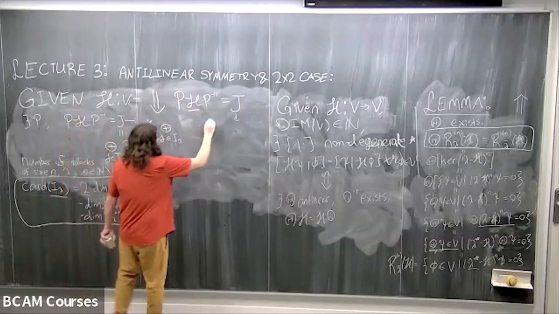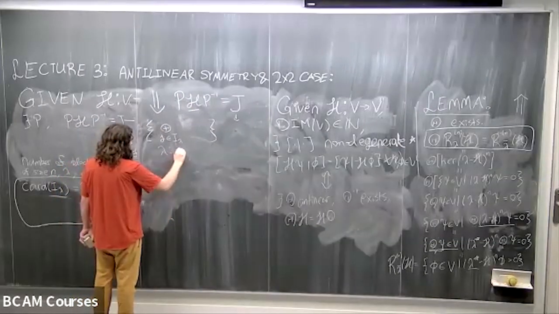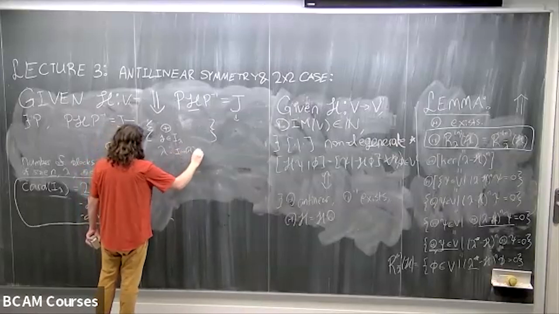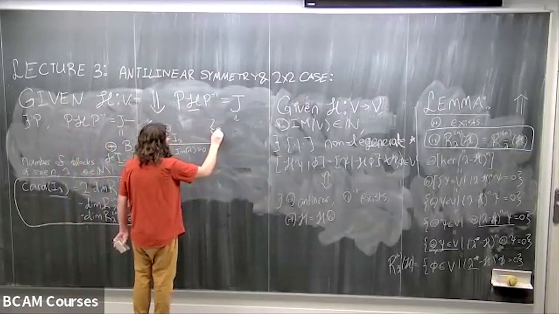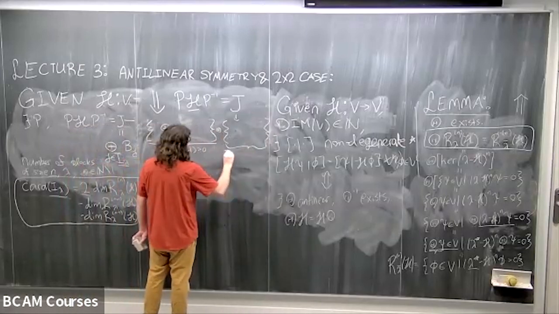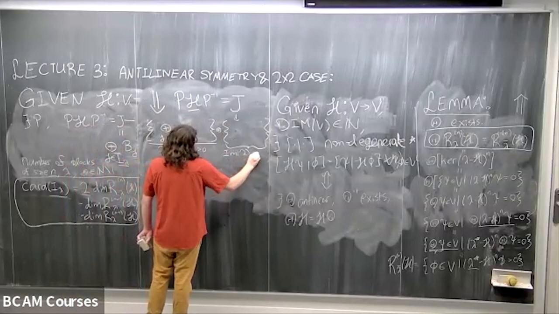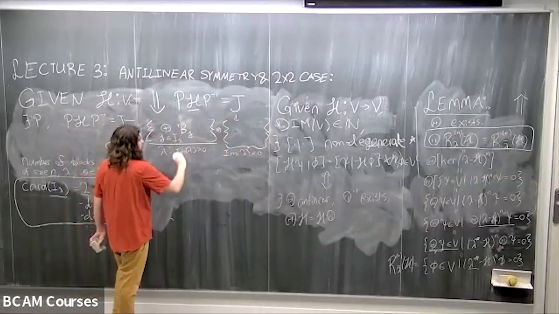So here I can take the lambda such that the imaginary part is greater than 0. And by writing it as a direct sum of two of these pieces, we would see that the Jordan blocks are in direct correspondence.